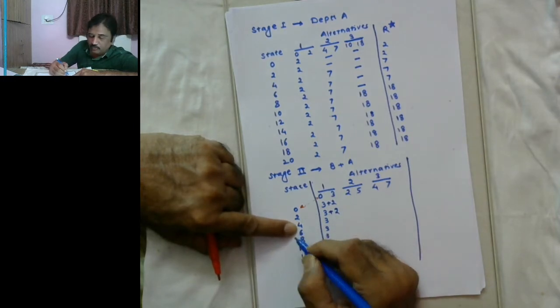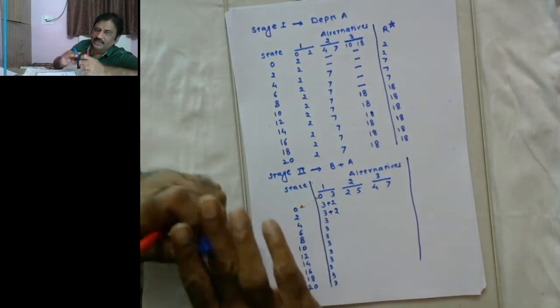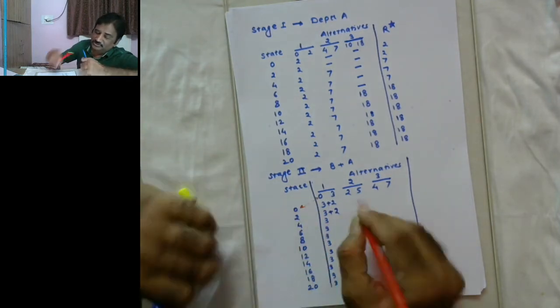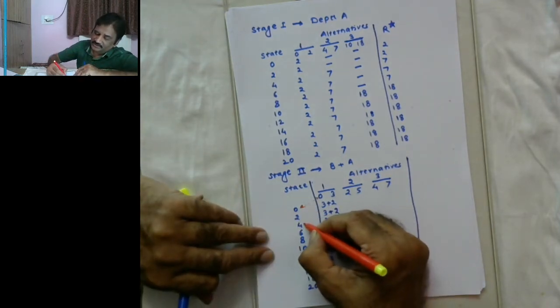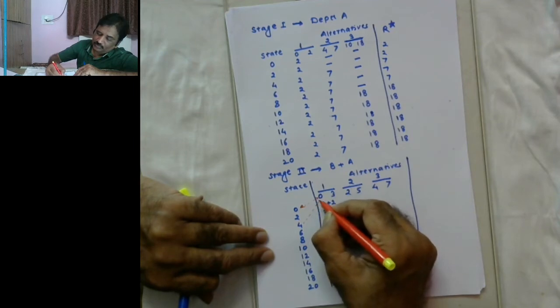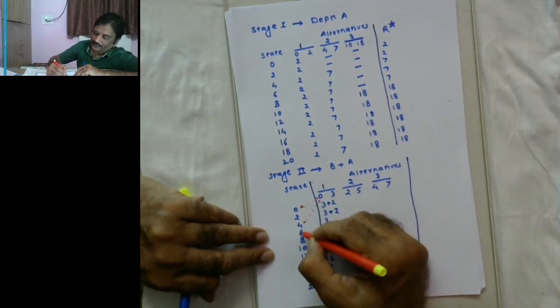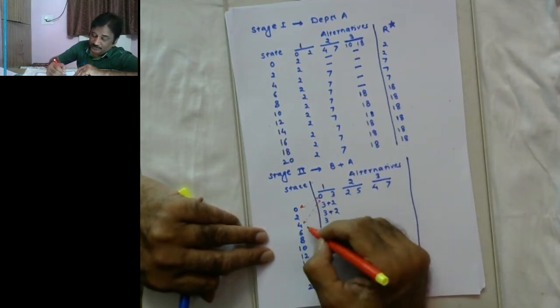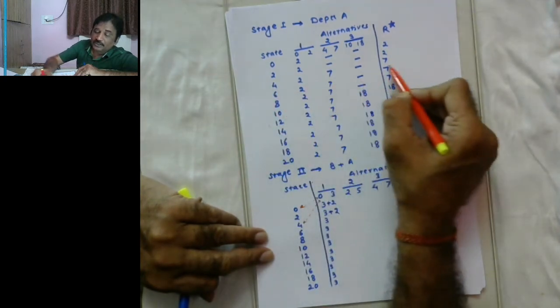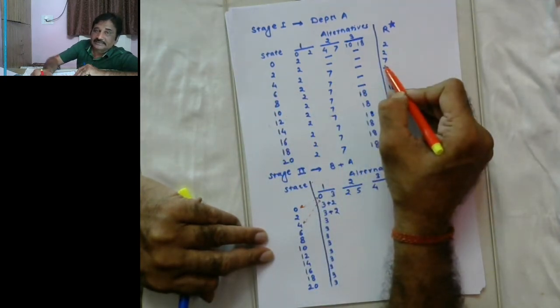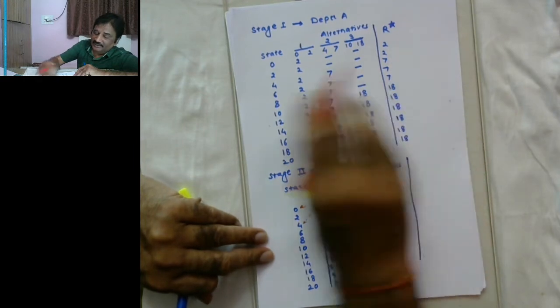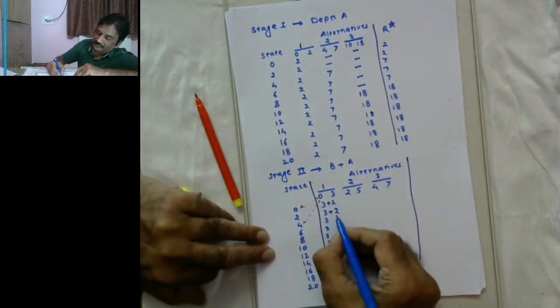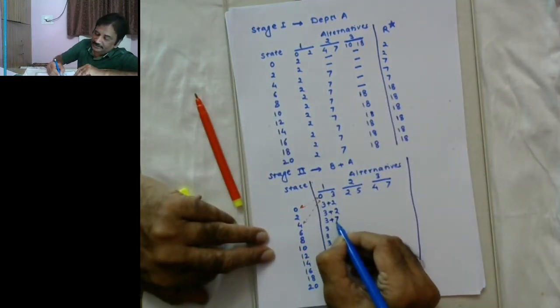Whole 4 crore rupees will be balanced with me because I am consuming 0 crore in the alternative. So 4 minus 0 is 4. And for that 4, I will be finding the optimal return from the previous stage, 7 crore rupees. So by now you have understood what you have to do in general.